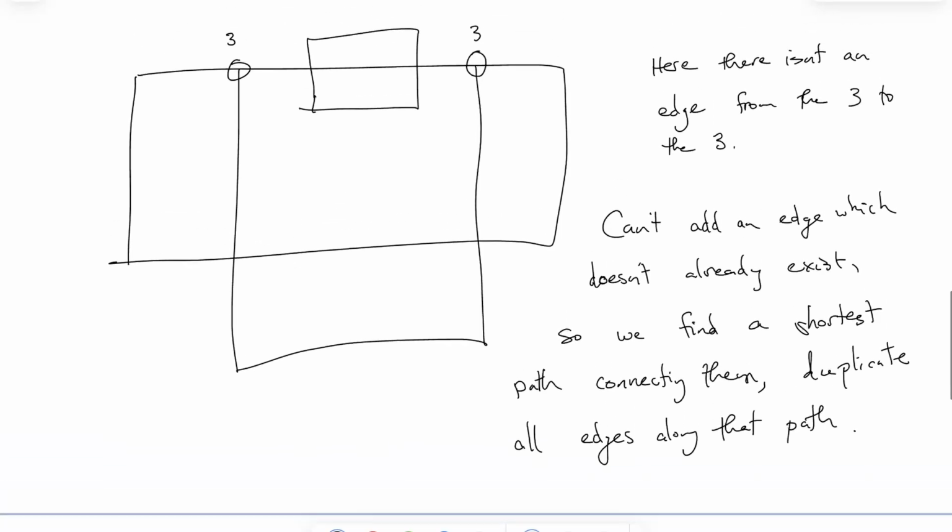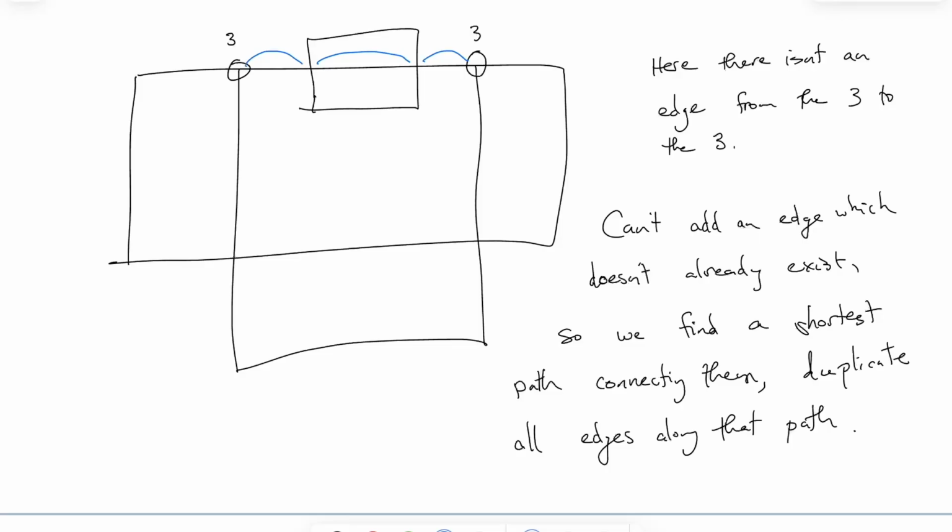All right, so in this example, my 2 odds, there is not a single edge that connects them, but there is a path going straight across the top of 3 edges, and I need to duplicate each edge like that. So you join them up along a path, and you make duplications of each edge on the path.